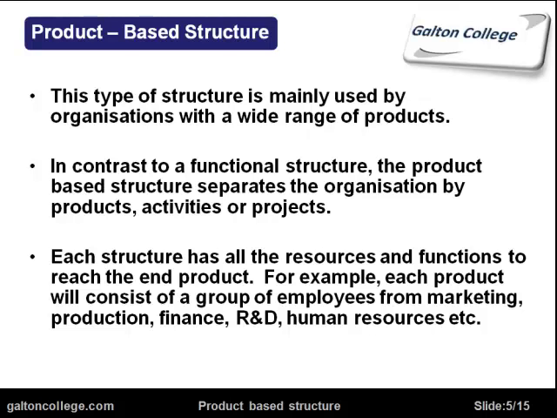But if that's not possible, then each product will be produced separately. It'll have its own separate facilities, its own stores, its own manufacturing, its own departments. It'll be a separate business in effect.